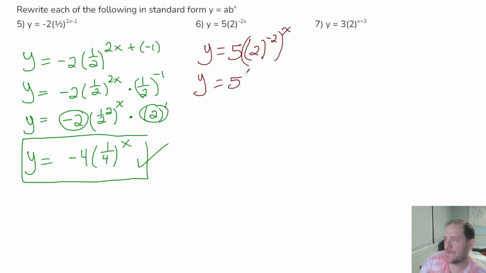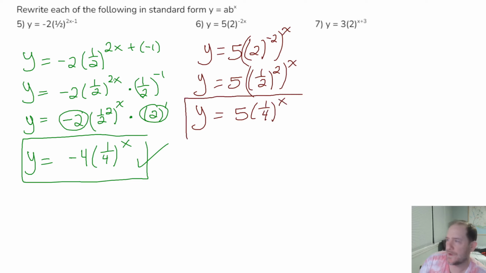So we now have coefficient 5. Then the -2 would flip our base, take the reciprocal of it, and still be raising it to the power of x. And then 1/2 squared is 1/4 to the power of x. And there we are in standard form.